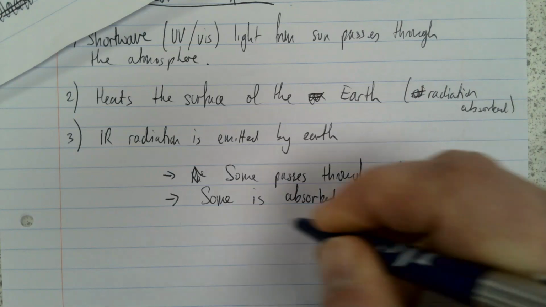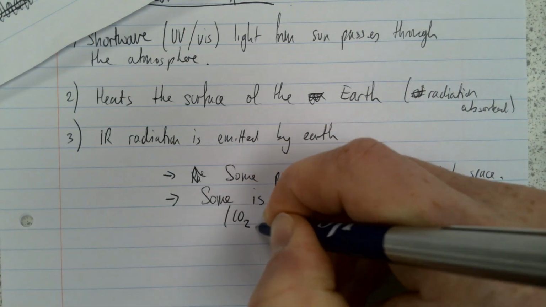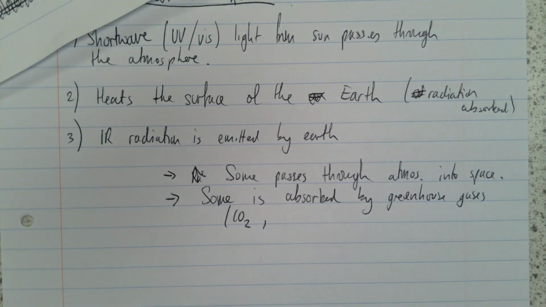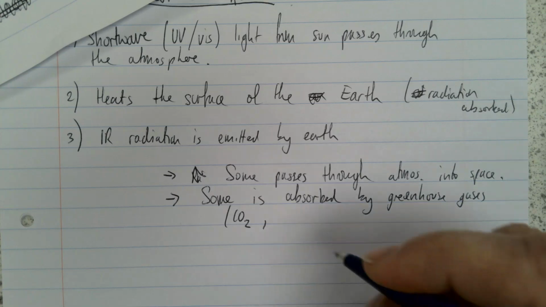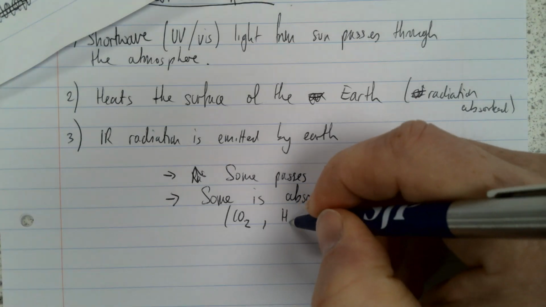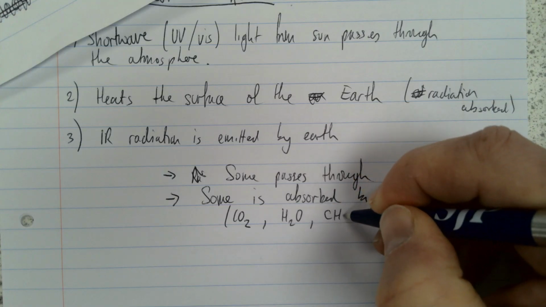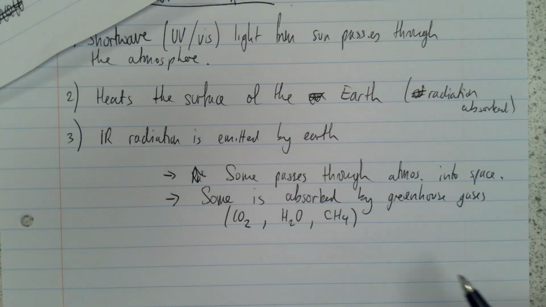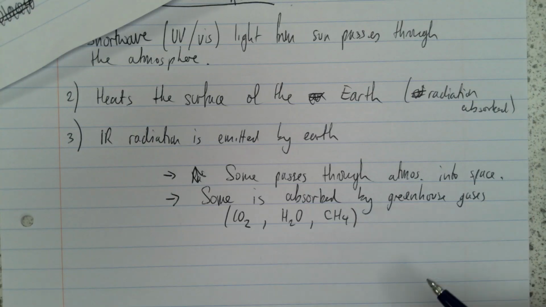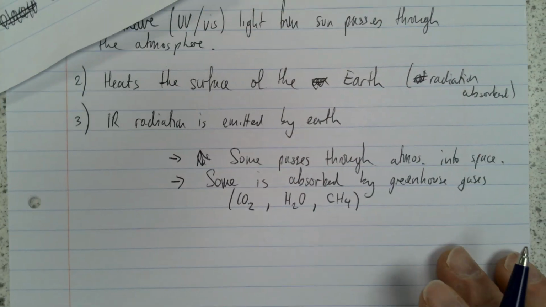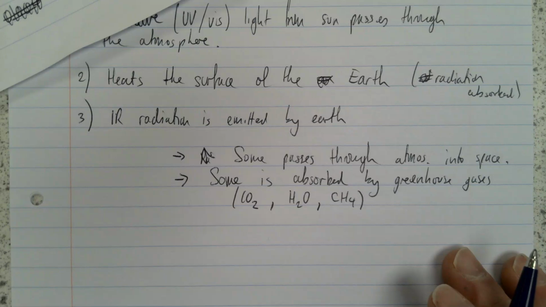And you should know that they are carbon dioxide. It's not just these, there are other greenhouse gases in small quantities as well, but these are the key ones. Water vapour, and increasingly methane. We know that methane is produced by cattle in particular, and some other processes as well, decomposition, things like that.